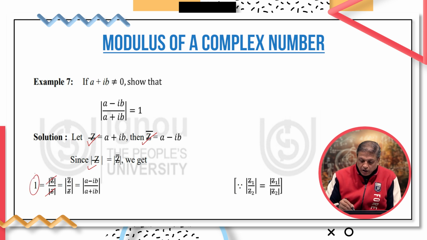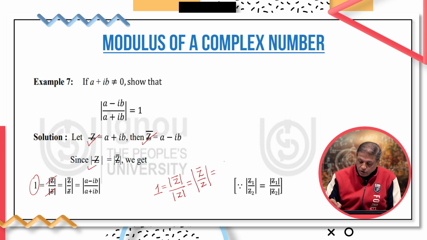So we can say that 1 is equal to modulus of conjugate of z divided by modulus of z, which is equivalent to modulus of z bar upon z.